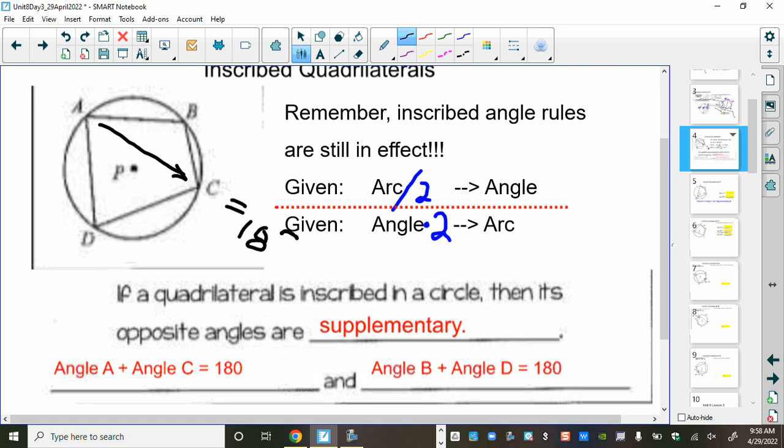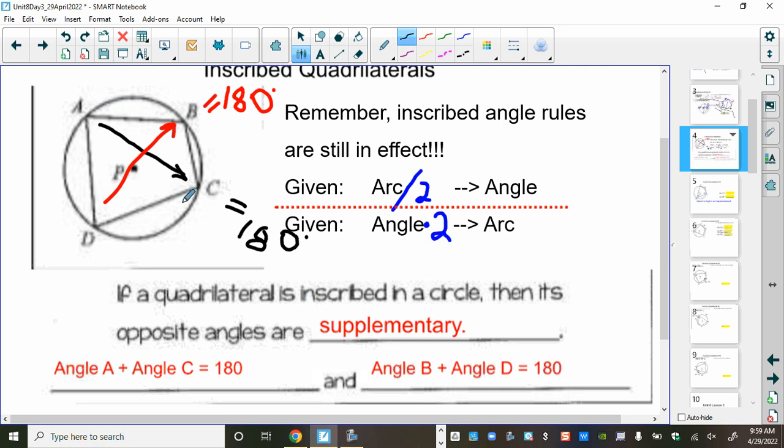That's really what's going on here. Add them up, 180.